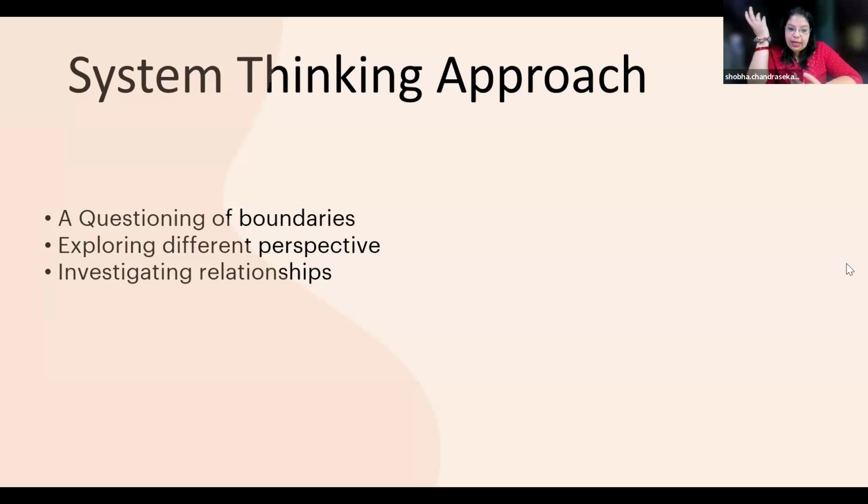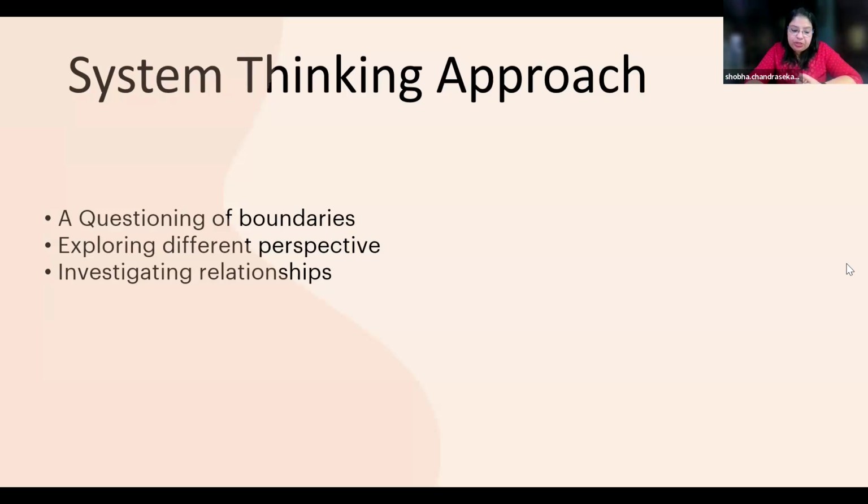So to give you an example, in a sales training program, systems thinking would include feedback from participants, trainers, sales managers, and even customers. So to ensure that the program is evaluated not just by how well employees learn, but how those skills translated into improved sales performance and customer satisfaction. That's because you're taking all the perspectives into picture.